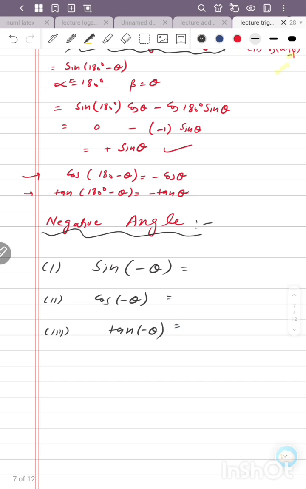Sine minus theta will be minus sine theta, we have to write cos theta, and we have to write minus tan theta. The negative will be outside the sine theta, and this negative is also outside the tan theta. Okay, dear friends, now what will be cos minus theta?